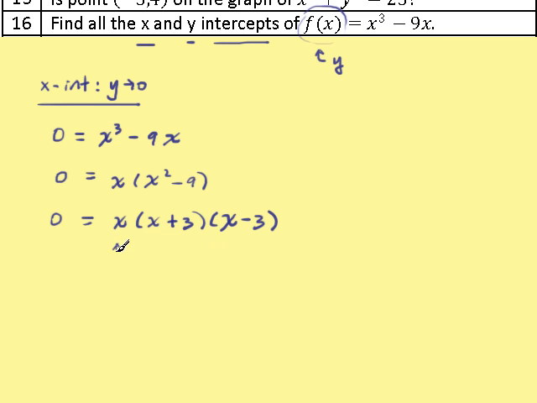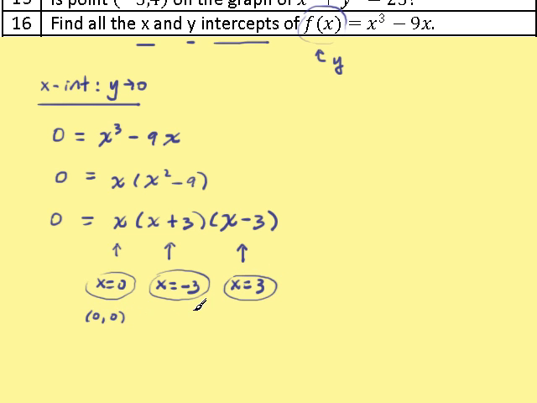So that is when x equals 0, or for the second factor when x is equal to negative 3, or for the third factor when x is equal to 3. So these are the three x-intercepts. Written in point form, this one would be 0, 0. This one would be minus 3, comma 0. And this one would be 3, 0.